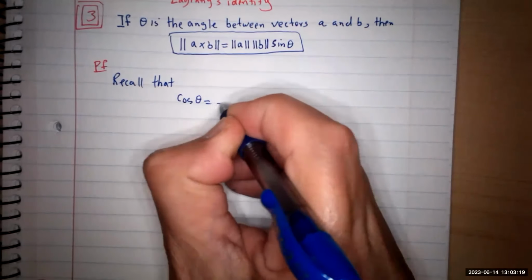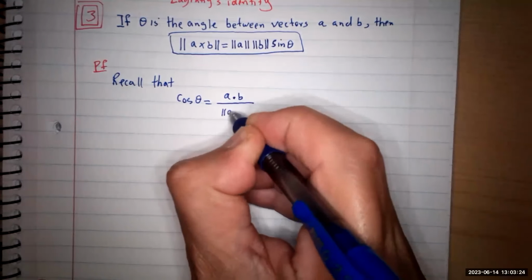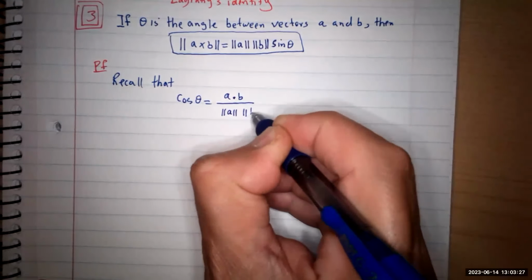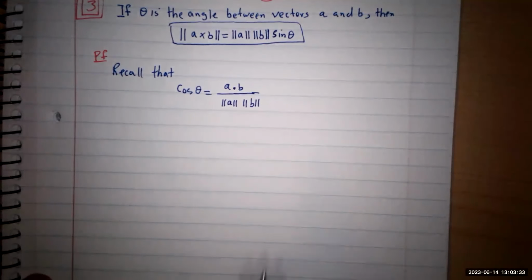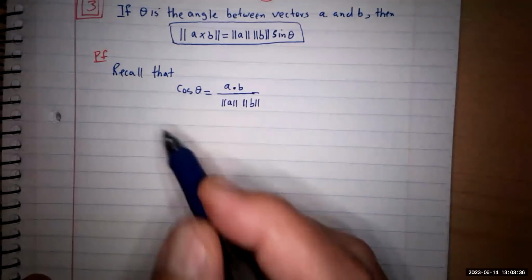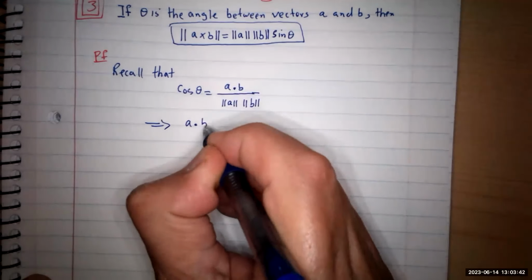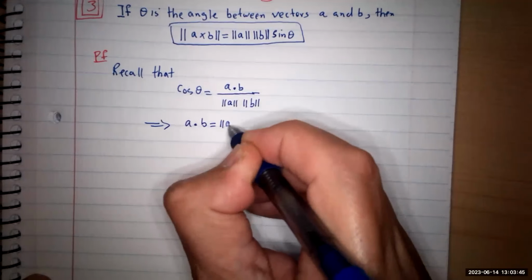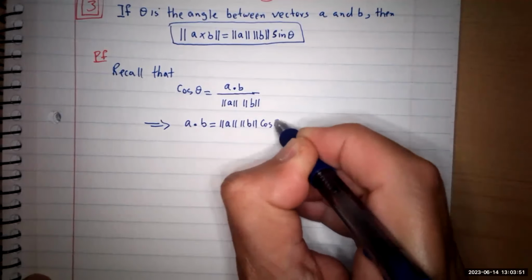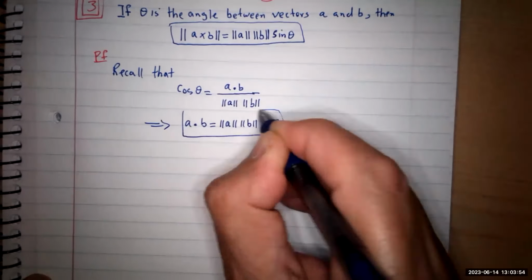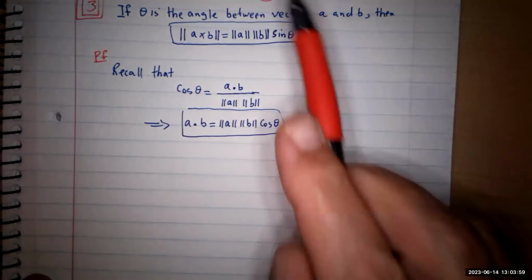Cosine of theta is A dot B divided by the norm of the A times the norm of the B. Cross multiply to get A dot B because you need A dot B. So A dot B is equal to the norm of the A times the norm of the B times cosine of theta. You see? Take this one into the Lagrange identity. You see Lagrange?